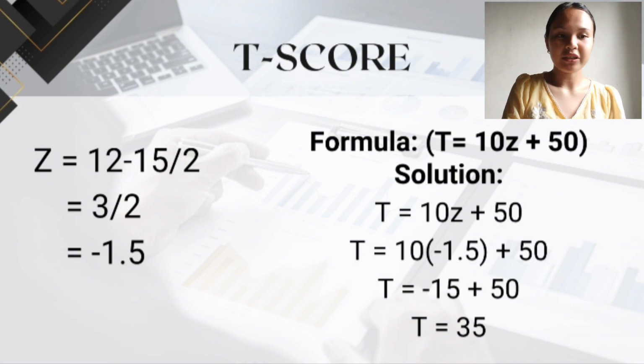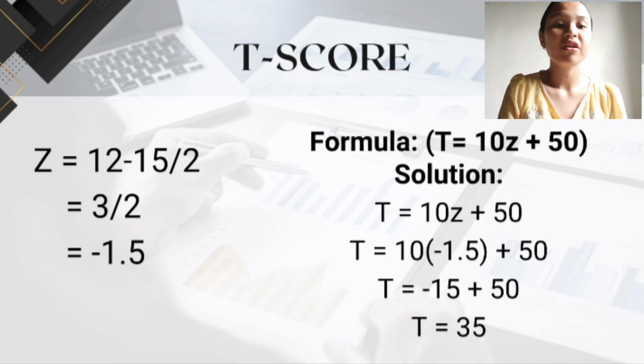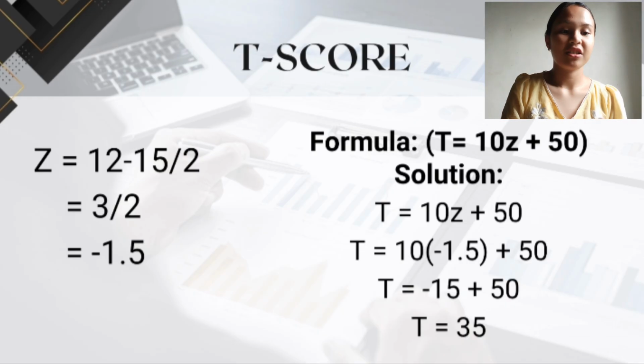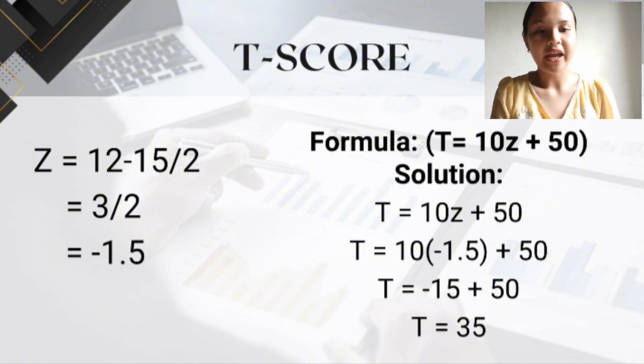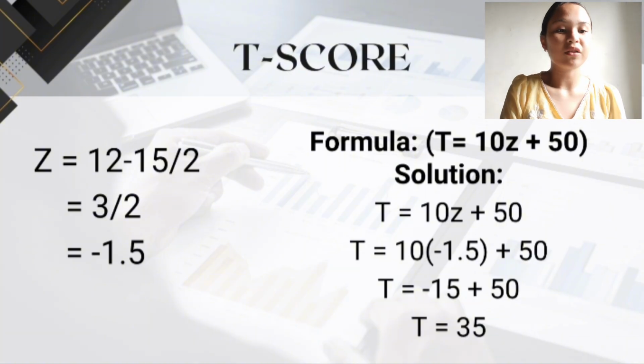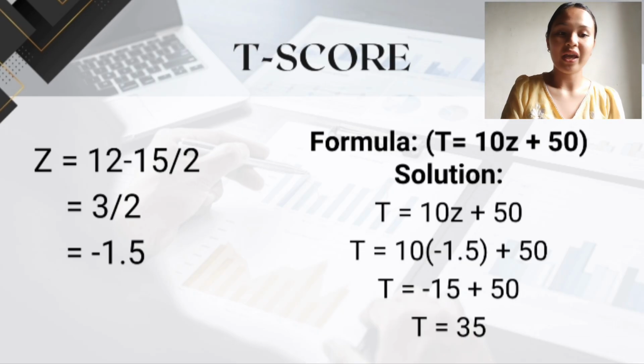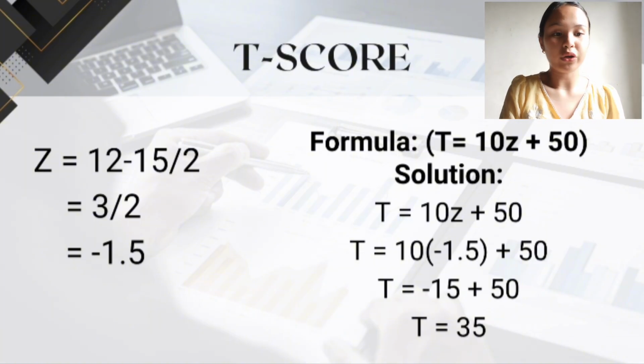And 35 pertains to the raw score of 12. In the given situation, the z-score value is negative, so we can convert it by getting the t-score. In that way, we can easily perceive that 35 is the t-score for the raw score of 12.